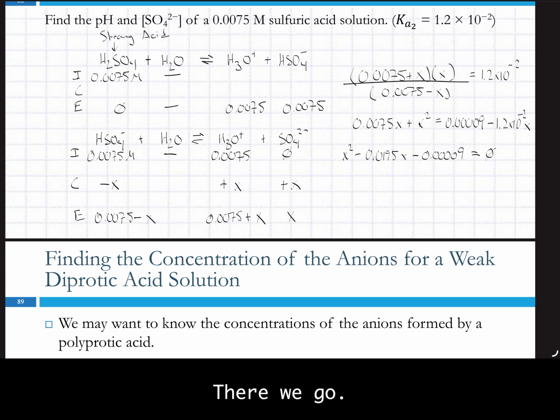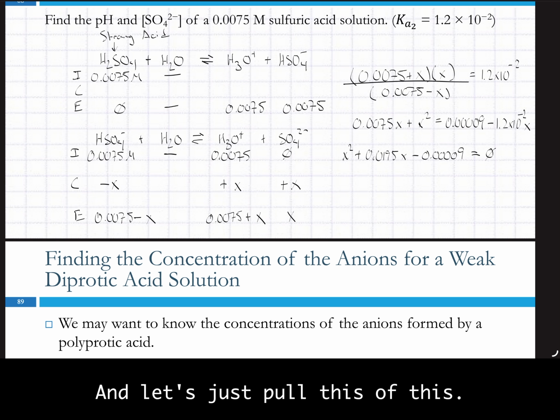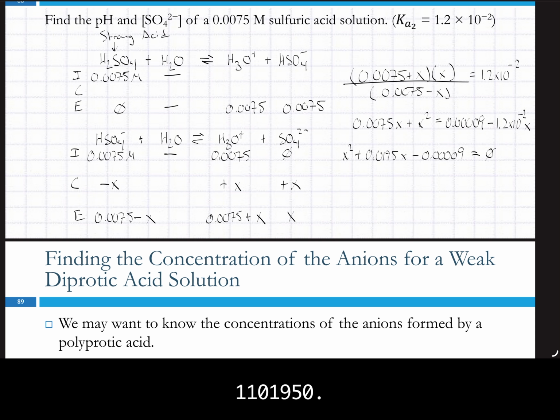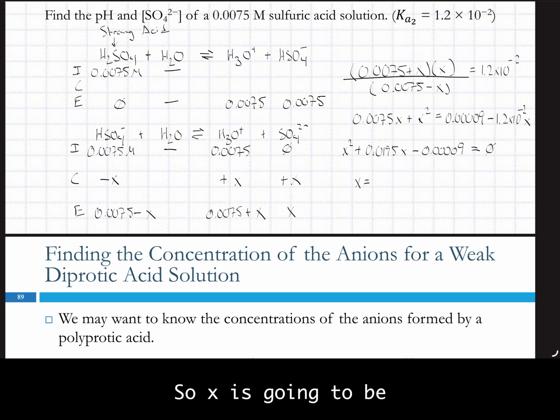There we go. And let's just polysolve this. 1.0195, 0, negative. So x is going to be 0.00385.